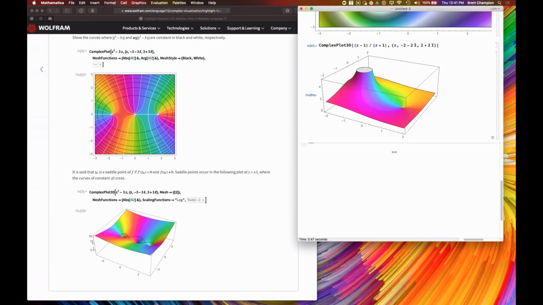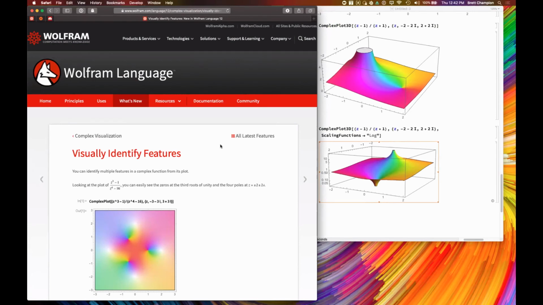And so the end result is that after you've worked with these a little bit, you can just do the plot and start picking off features. Here we have a rational function, and I can see there are 3 zeros here and 4 poles. Here's a ratio of a couple of gammas raised to powers. We've got a string of poles along the top here and a string of zeros along the bottom here.